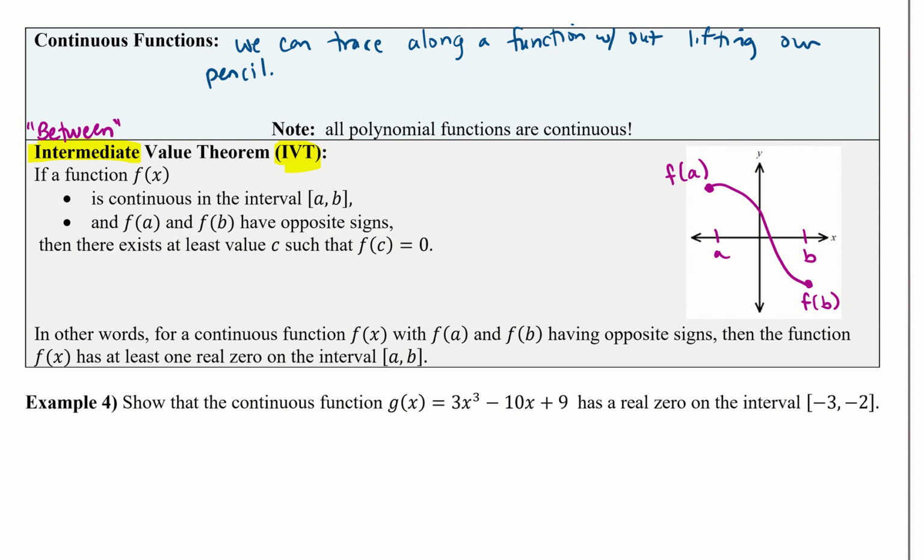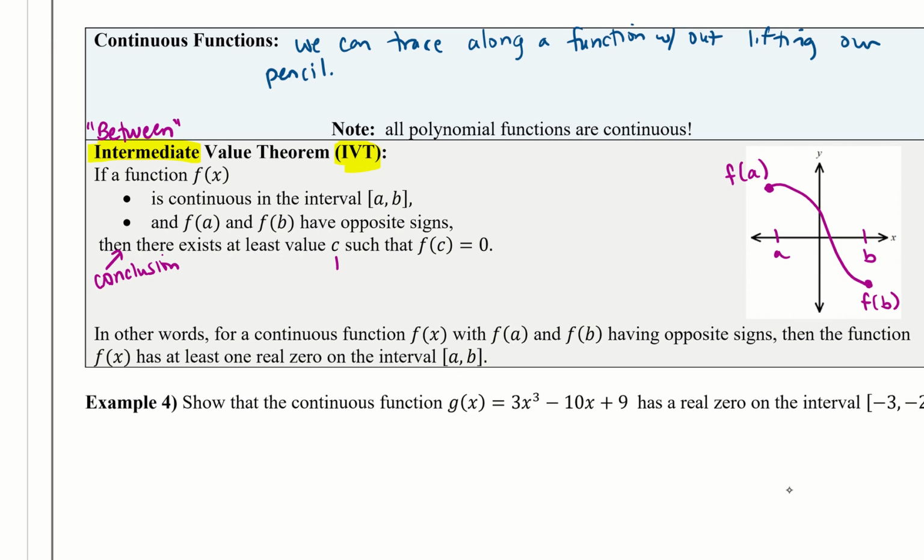Well, then the conclusion that we can make, something that is true according to the IVT, is that there is going to be at least one value c inside the interval from a to b, so somewhere in between, such that f of c is 0.